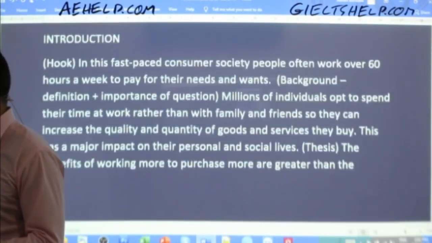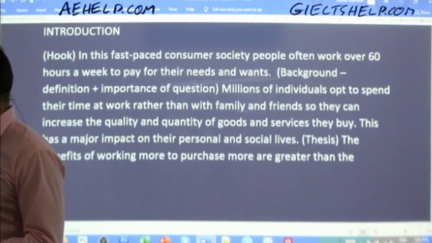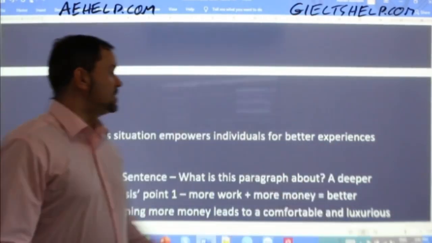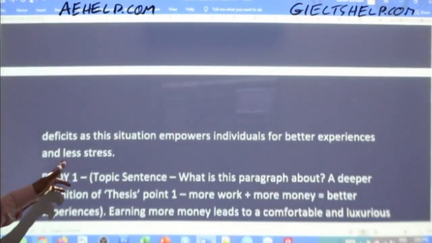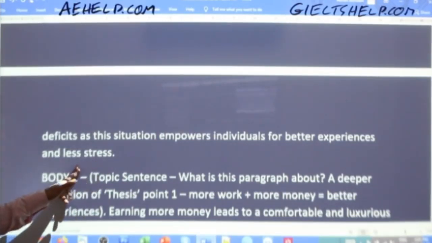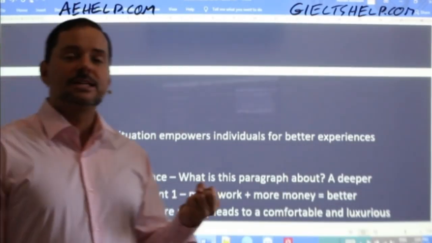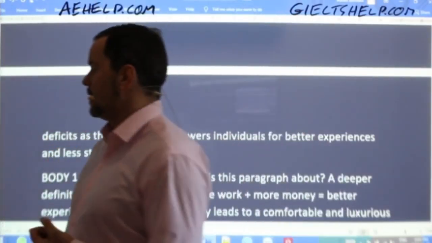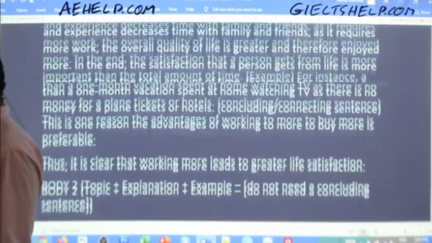All right, body 2 is about less stress. So working more to have more, so we have less stress, okay? So better experiences was body 1. We just did that. Now we're focusing on less stress, okay? So conceptualize that and then begin writing, okay? I'm going to do the same.